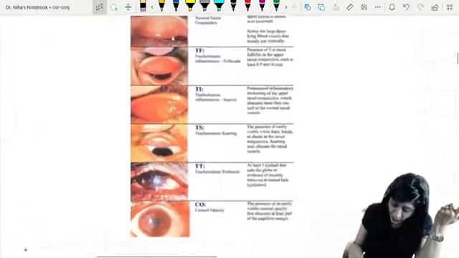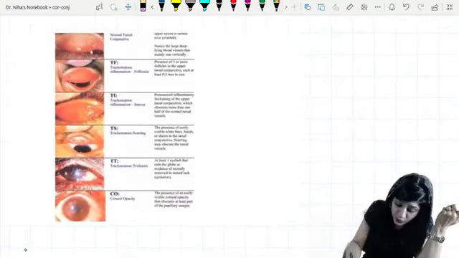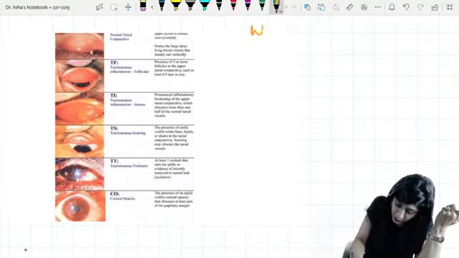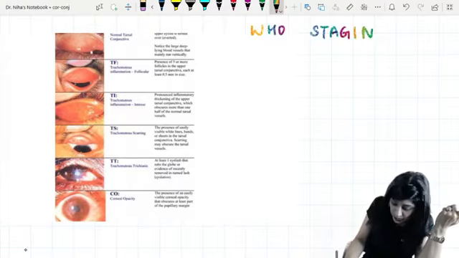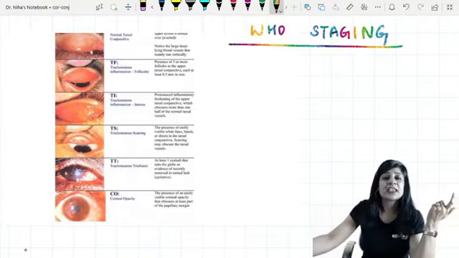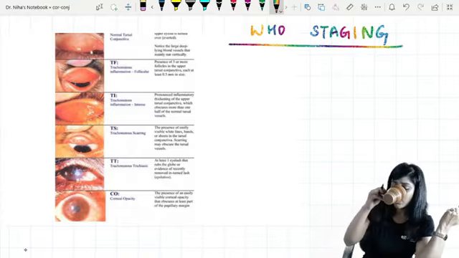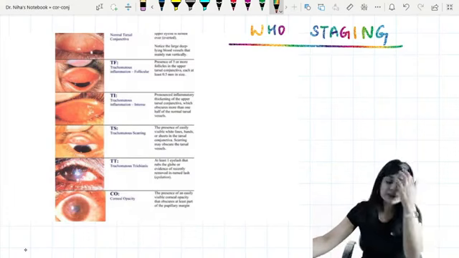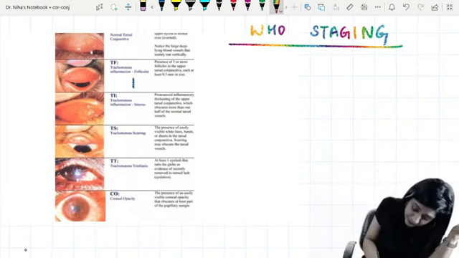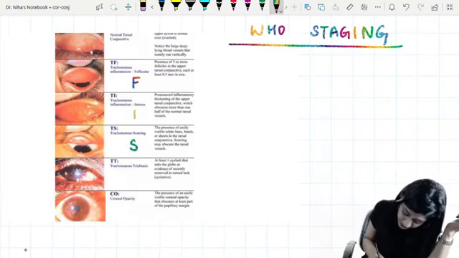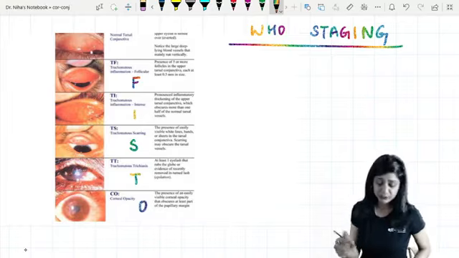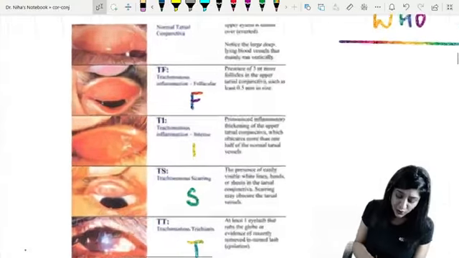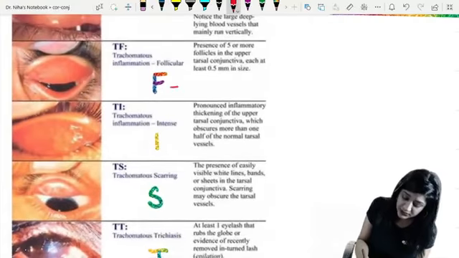Now another important thing is your FISTO classification. If I talk about the WHO staging of the trachoma, the WHO staging is called the FISTO classification. Okay, now let us try to understand what is this FISTO. First is your F. F means follicular.